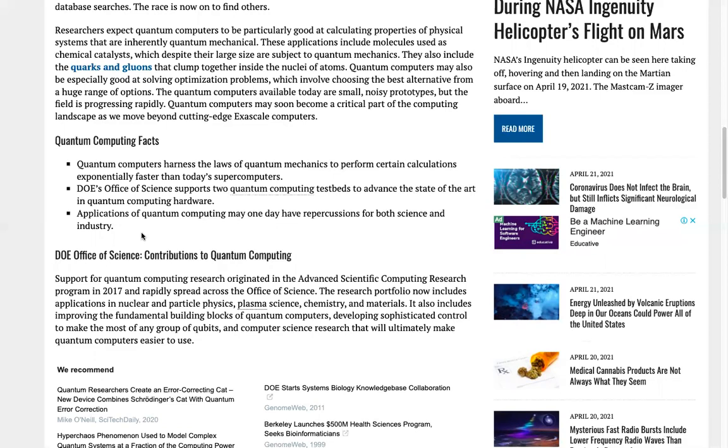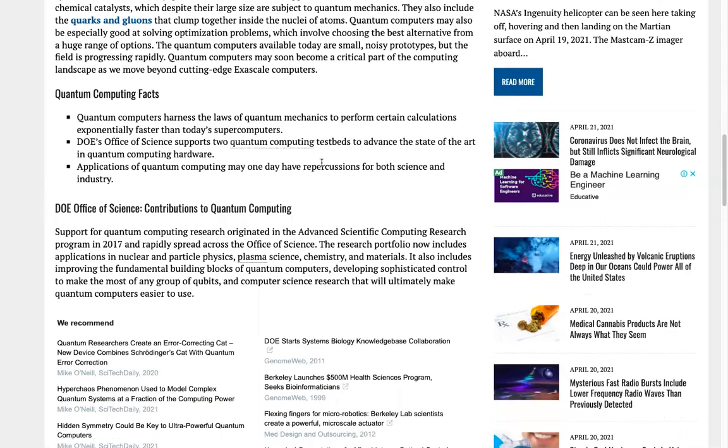Okay, they're working on software and hardware as well. Applications of quantum computing may one day have repercussions for both science and industry. So if you use it lightly or unknowingly, there will be repercussions for every technology, right?